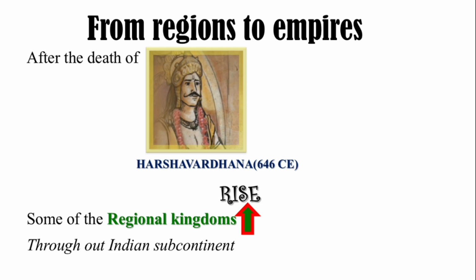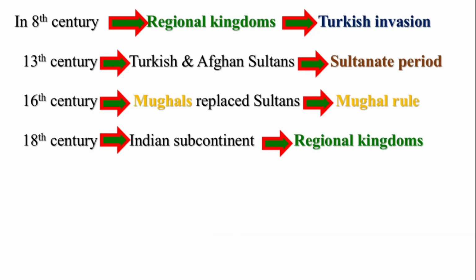So we are going to see what developments took place and what kingdoms rose throughout the Indian subcontinent. By the 8th century, a long struggle for power took place among some of the major regional kingdoms, but none of them was victorious. It was followed by the Turkish invasion, and this marked the beginning of the medieval period in India.